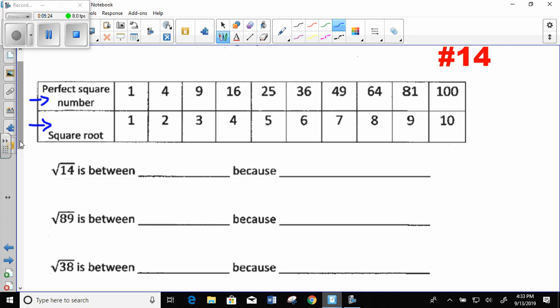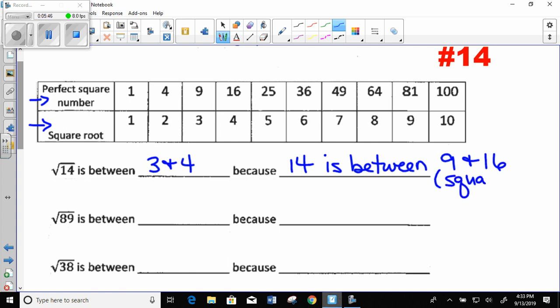So what you would say is the square root of 14 is between 3 and 4, because 14 is between 9 and 16, and what I mean by that is perfect squares. Those are the perfect squares, right? 9 is a perfect square, 3 times 3, and 16 is a perfect square, 4 times 4.